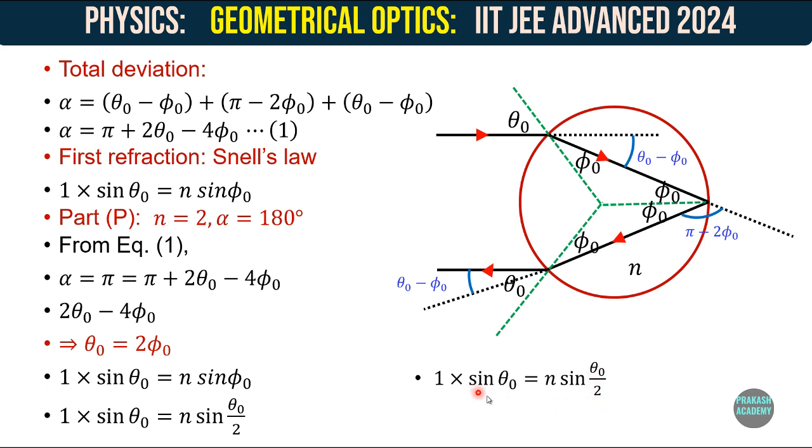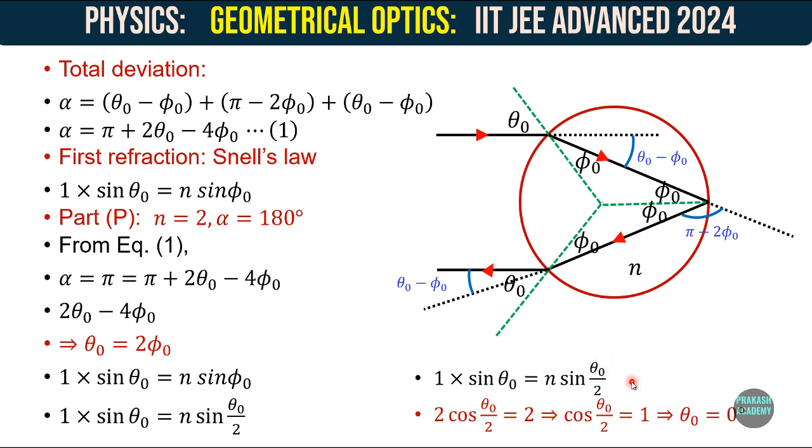And I can use the formula of sin 2 theta, that is sin 2 theta equals 2 sin theta into cos theta. And I can also plug the value of n equals 2, that is given in this part. So sin theta by 2 and sin theta by 2 will get cancelled out, or you can take common, and in that case sin theta by 2 equals 0, in that case theta naught will be 0.